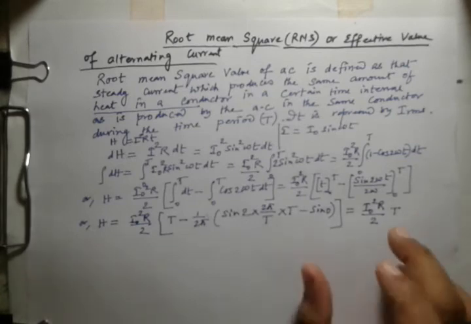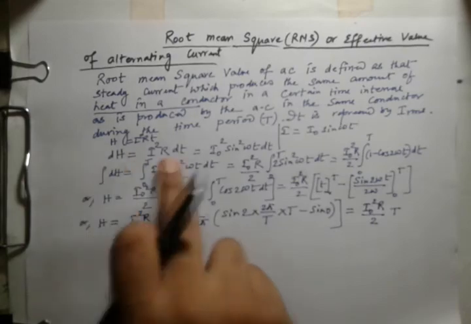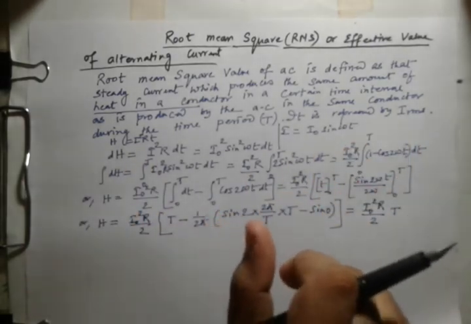So this amount of heat will be produced when we send AC current through the conductor.